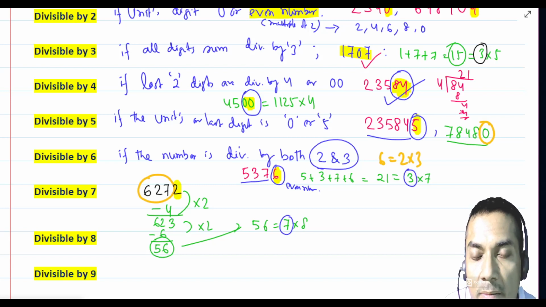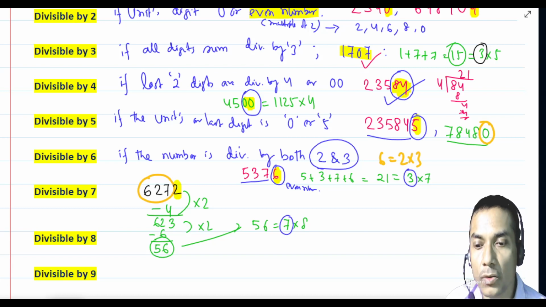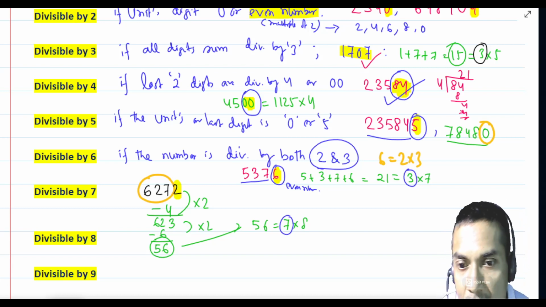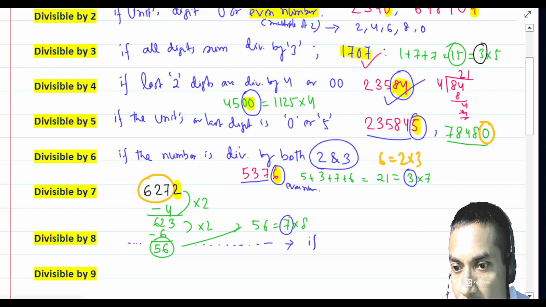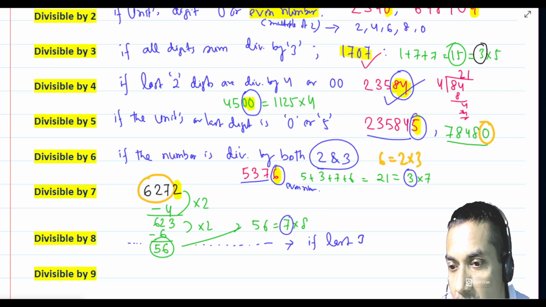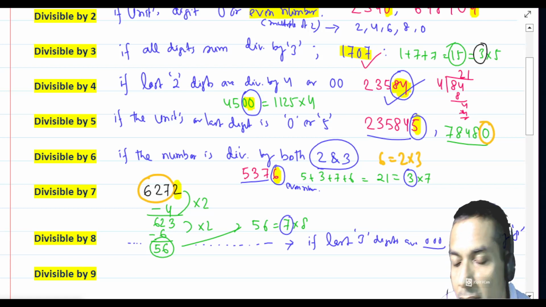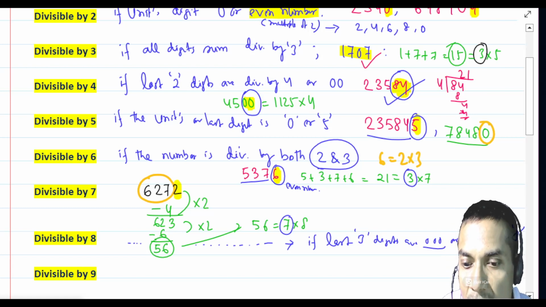Next, divisibility by 8. What is the rule of divisibility by 8? If the last 3 digits are 0 or divisible by 8, then we can say the number is divisible by 8.